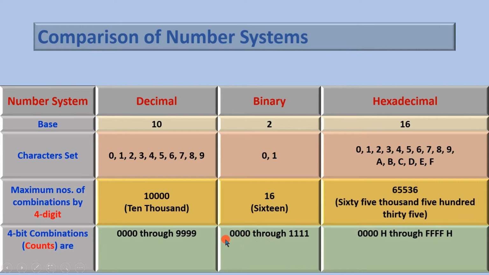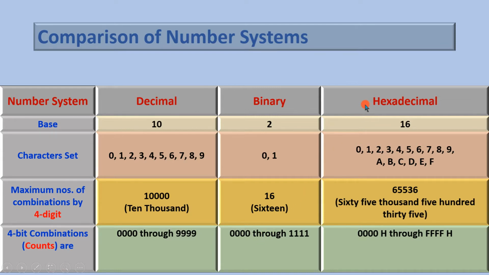You can count 0000, 0001, 0010 and so on, up to 1111. So how many combinations, how many counts are possible? Only 16. See that here the criterion is 4 digits. In the case of a decimal number, with 4 digits you get 10,000 combinations. In the case of the binary number system with 4 digits, you get only 16 counts.